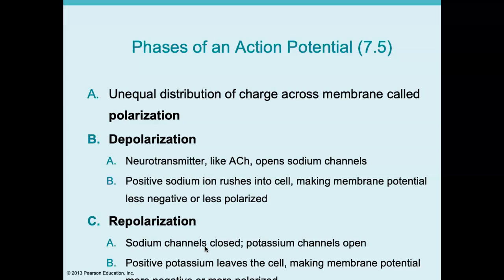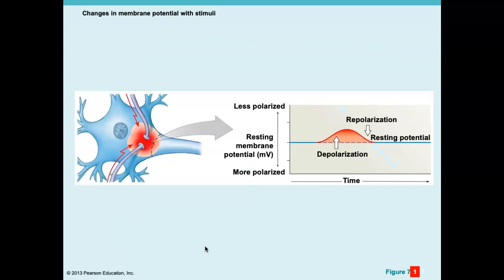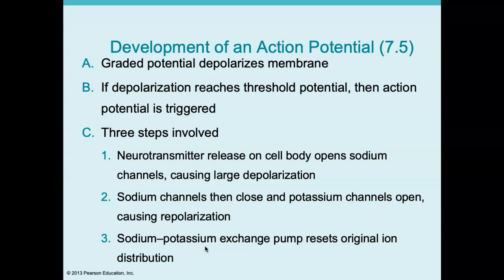So you can imagine the cell is not returned to normal. It's lost a lot of potassium. It's got too much sodium in there. So we know that the sodium-potassium pump is going to work like mad to get the membrane back to normal so another action potential can take place.